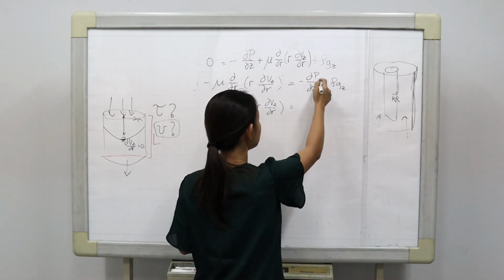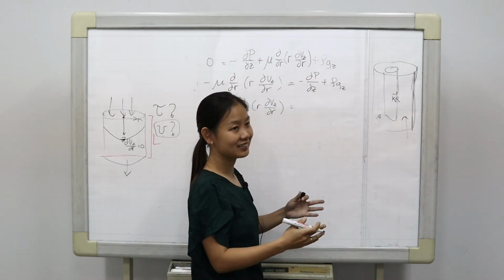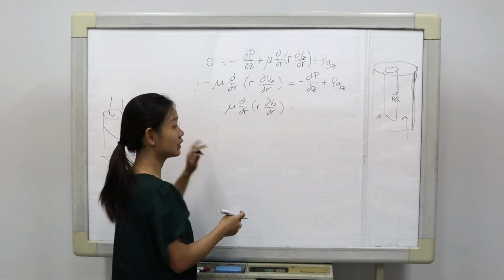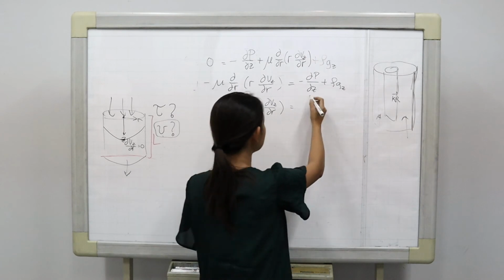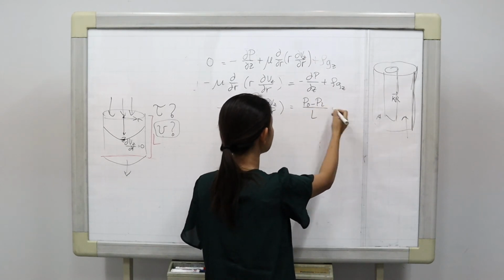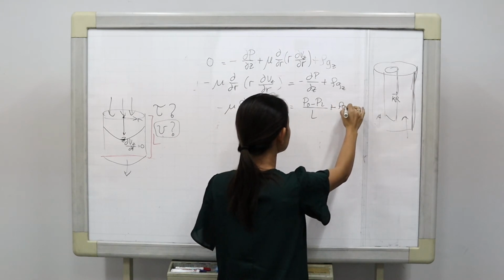For the dou P over dou z, we do the same as before, like when we solved the momentum flux distributions. We're going to have P0 minus PL divided by L plus rho Gz.